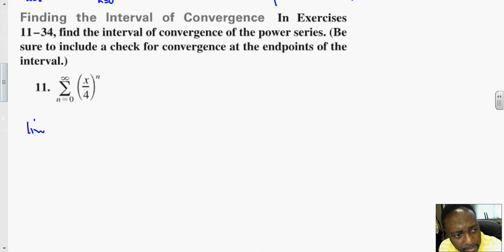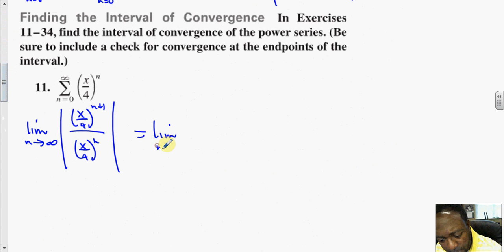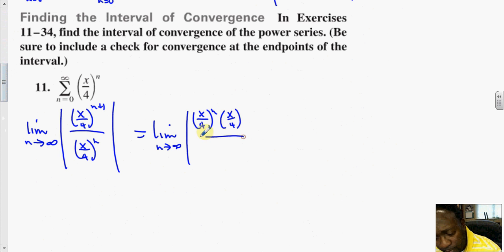So this is the limit as n goes to infinity of the absolute value of x over 4 to the n plus 1 divided by x over 4 to the nth power. So this is the limit as n goes to infinity of the absolute value of x over 4 to the n times x over 4 divided by x over 4 to the nth power.